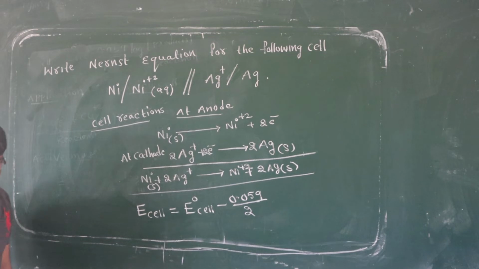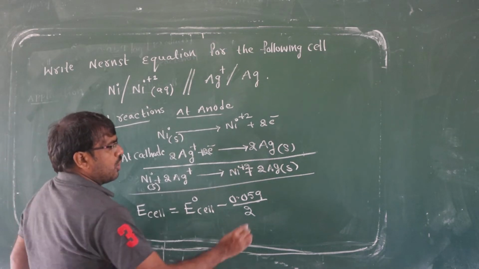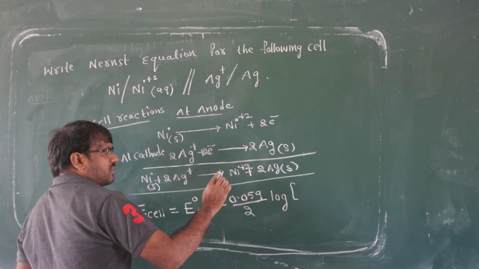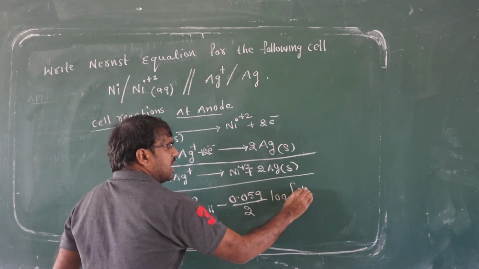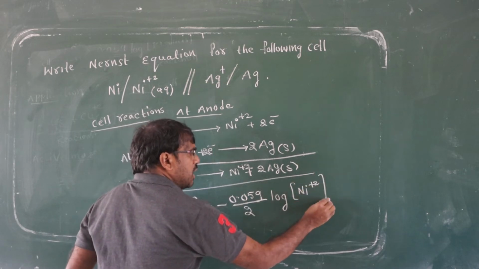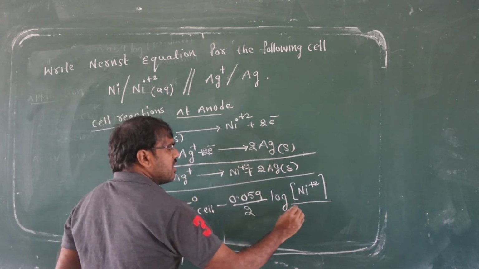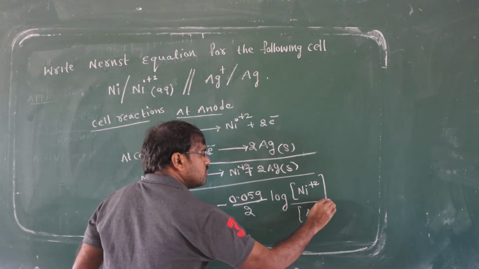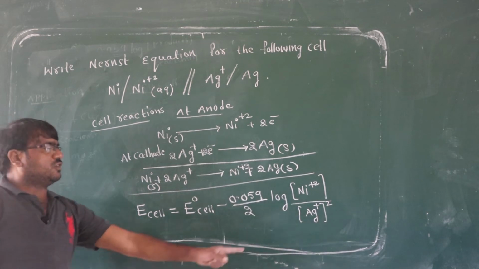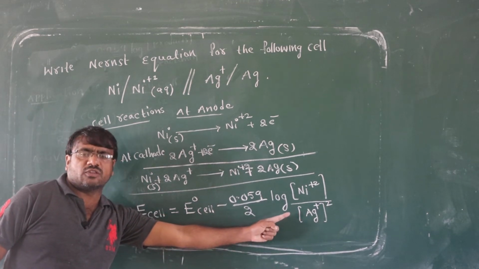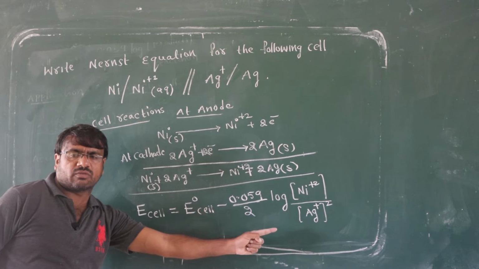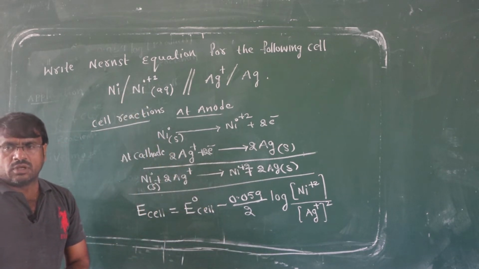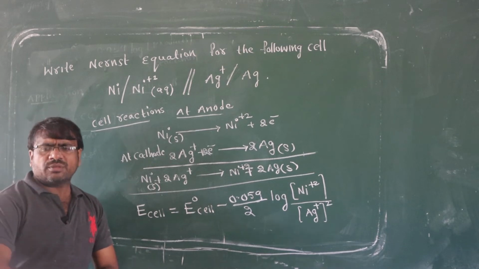In place of n, we take 2, log of the concentration of the product side, Ni2+, divided by the concentration of Ag+ to the power 2. This is the correct expression, the correct Nernst equation for the given cell. Understood?